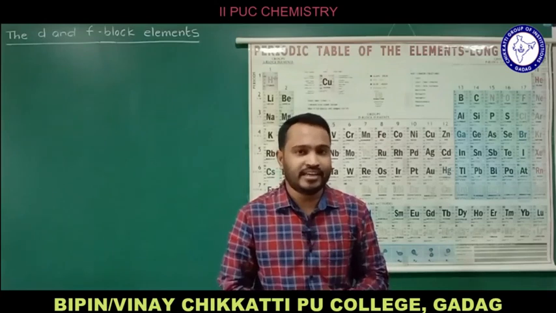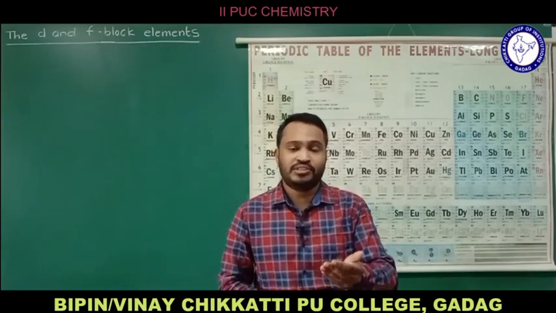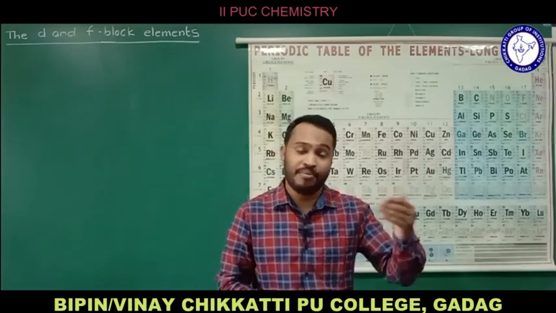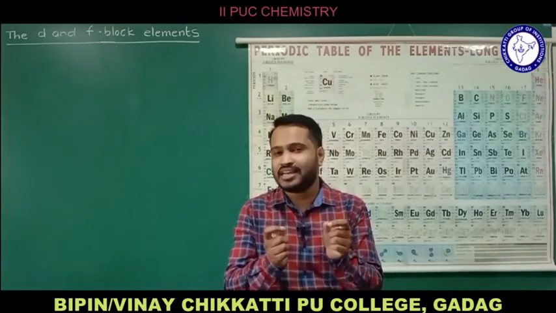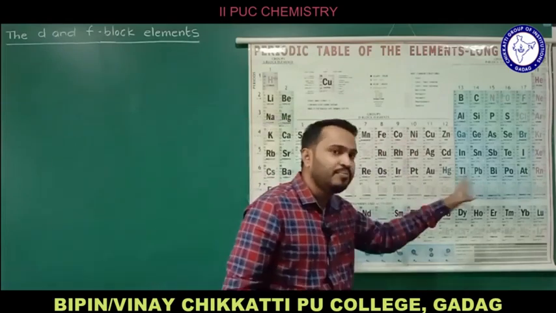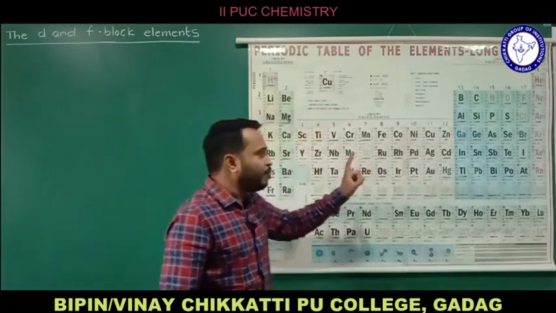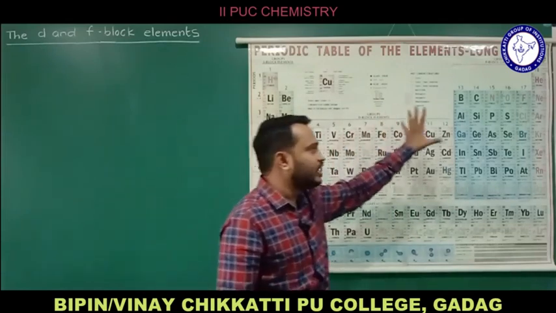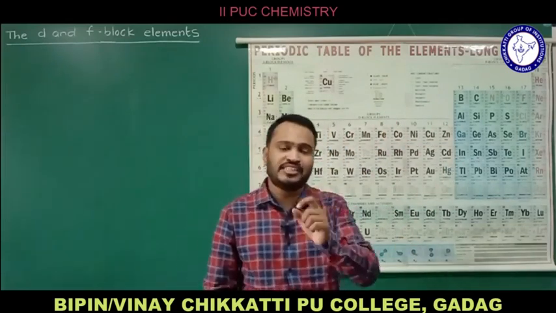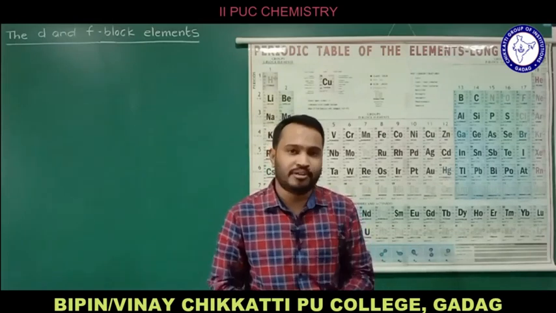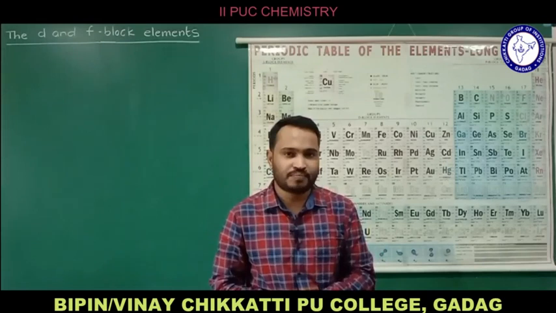The reason is, if you observe the properties of d block elements, physical properties as well as chemical properties, the properties are intermediate between s block elements and p block elements. I repeat, the properties of d block elements are intermediate between s block and p block elements. Because of this reason, the d block elements are called transition elements or transition metals.